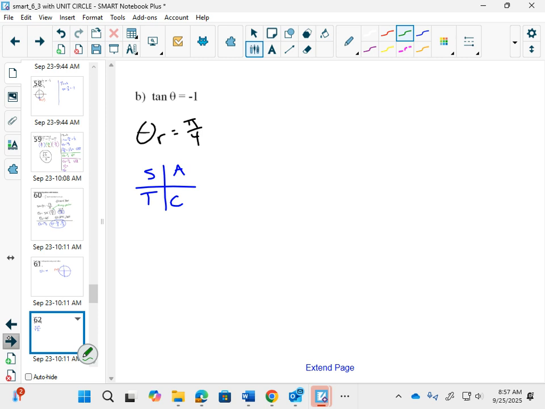But tan being negative is going to happen in quadrants 2 and quadrant 3. So then I can write my answer right away. What's my pi over 4 in quadrant 2? 3 pi over 4. What's my pi over 4 in quadrant 4? 7 pi over 4.